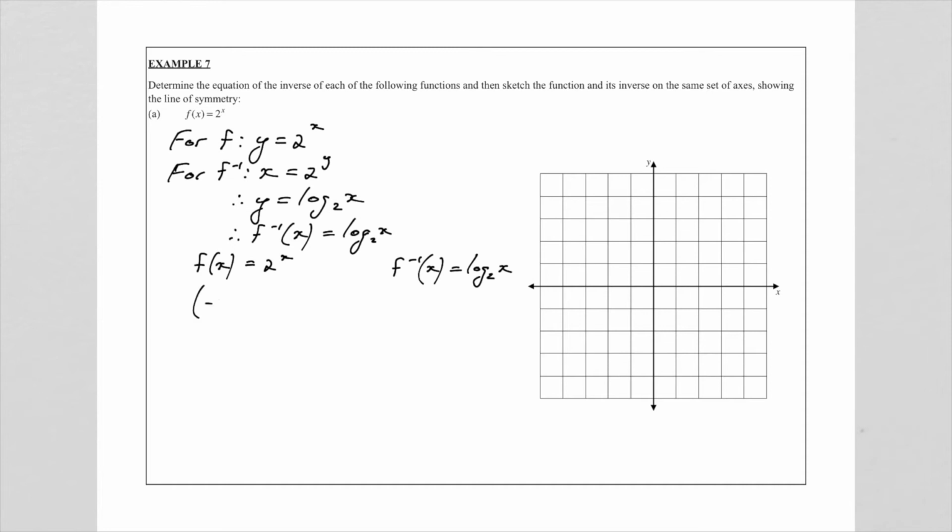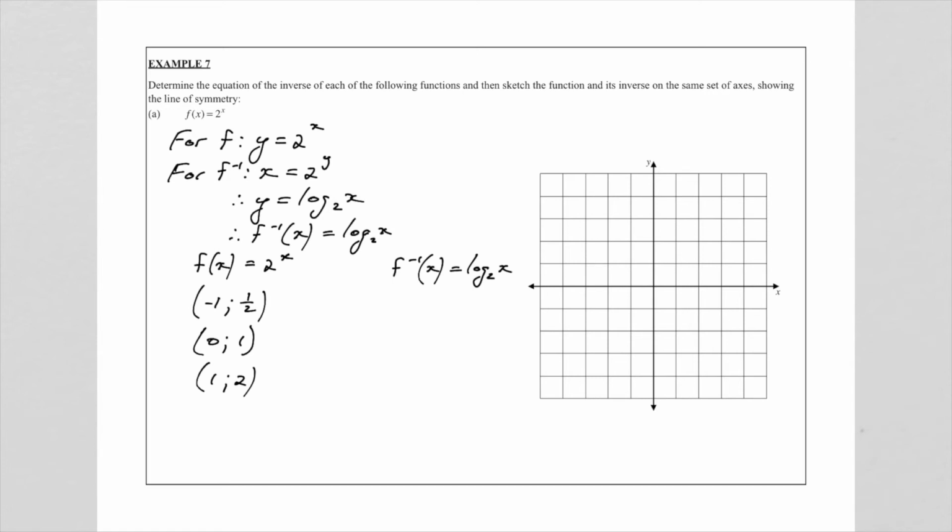So I'm going to start with an x of minus 1, and if we substitute x with minus 1, you agree that y will be a half. Then we're going to substitute x with 0, then y will be 1 because 2 to the 0 is 1. And then we substitute x with 1 and y will be 2.